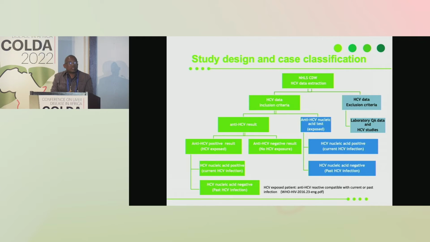Those who were followed up with hepatitis C viral nucleic acid testing and were positive, we classified as current infection, and the ones whose nucleic acid test was negative as past infection. Those tested with antibody who had no reactive results were classified as no exposure to hepatitis C virus.